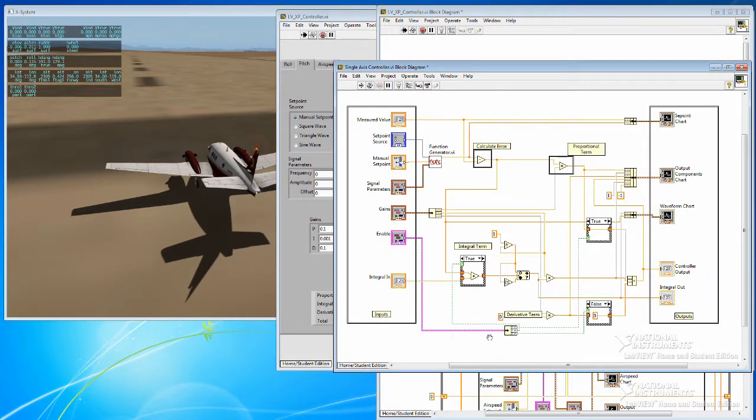Okay, so previously we were limiting the control output, so after the integral had been multiplied by the integral gain, we were limiting it to being between plus or minus 1. So that meant that the integral itself could still grow or shrink to any size it wanted without bounds, and so you still had that time varying aspect where, depending on how long the aircraft had been sitting on the ground, would determine how much wind-up you had, how long it would take to unwind, all those sorts of things.